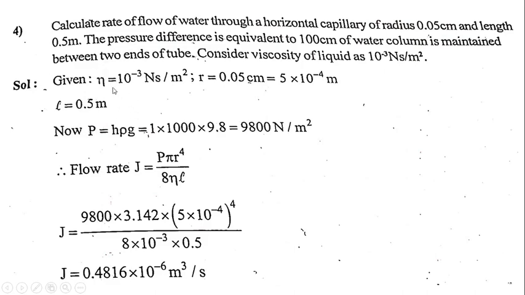So in the given data, eta equal to 10 raised to minus 3 Newton second per meter square, that is the viscosity of the liquid, and radius equal to 0.05 centimeter, that is equal to 5 into 10 raised to minus 4 meter, and L equal to 0.5 meter.